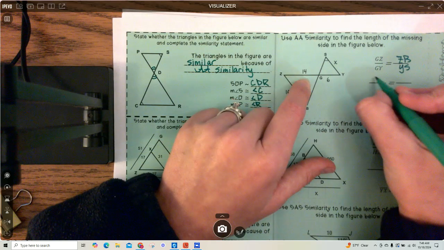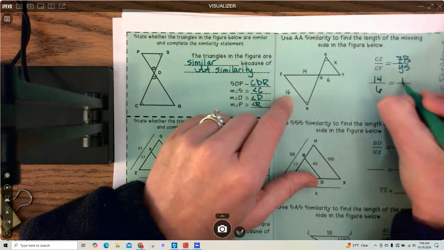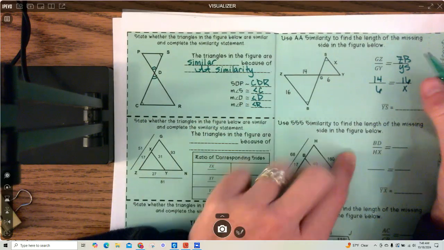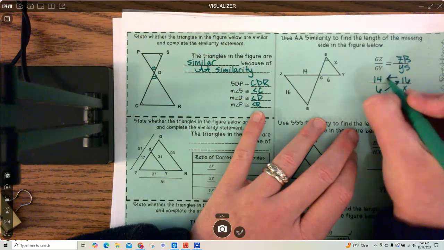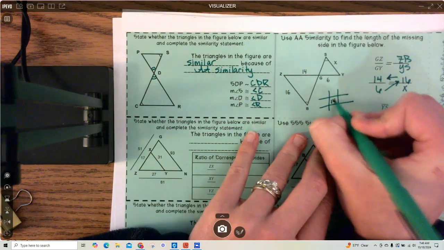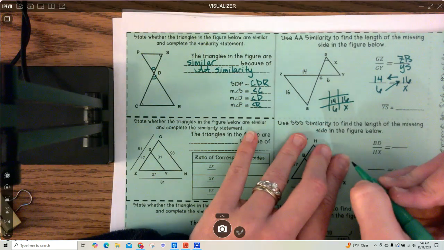And now we can fill in the values. So GZ is 14, GY is 6, ZB is 16, and then YS is our unknown. So to solve this, we cross multiply and then we divide. It's just like tic-tac-toe, and you can set up a tic-tac-toe board for these as well, if that helps you keep everything straight.